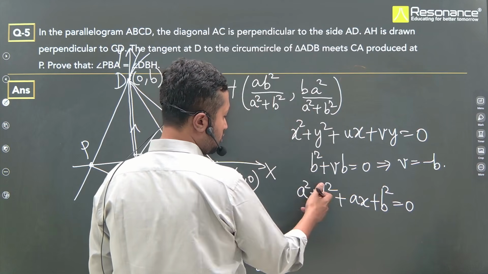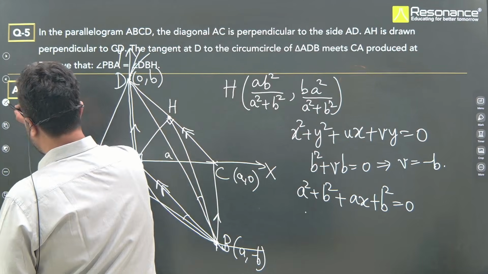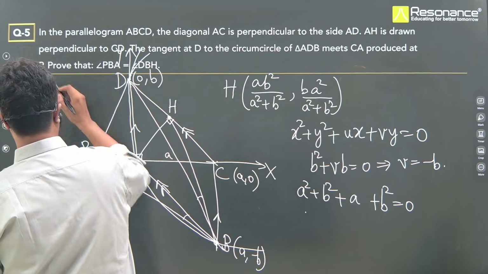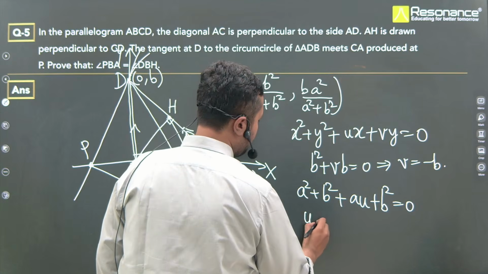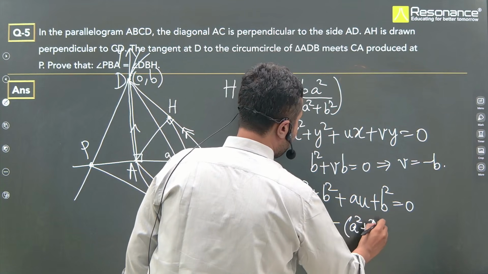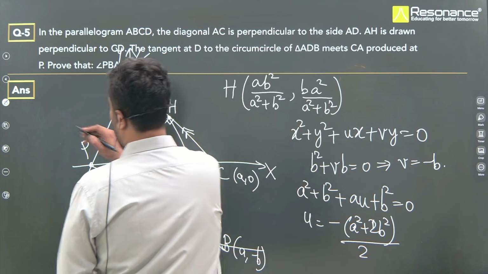What does that give us? That's 2B square, and then ouch, that's supposed to be U. So what do we have? We have U is equal to minus of A square plus 2B square divided by A.